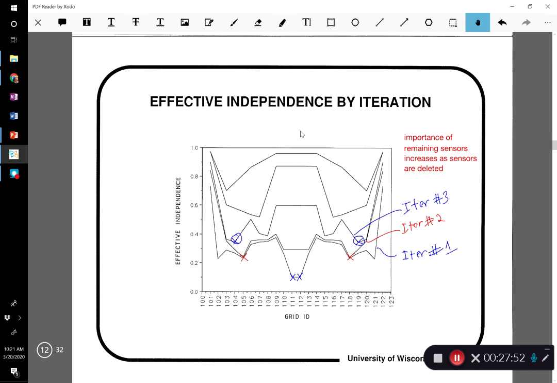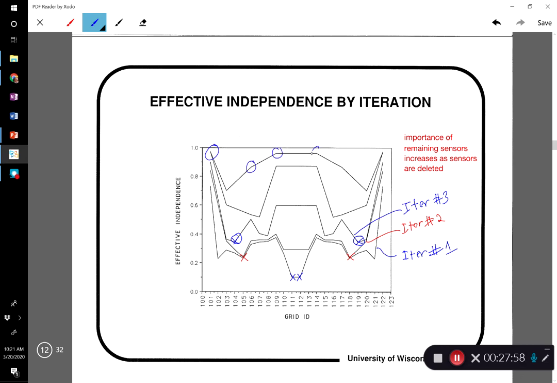And anyway, by the time you get near the top, you have a sensor set. And it's a balance between capturing the points that are needed to preserve the independence of the modes and the signal strength.